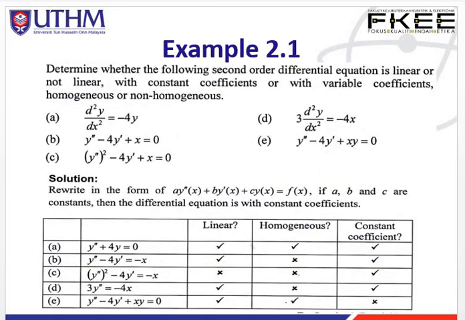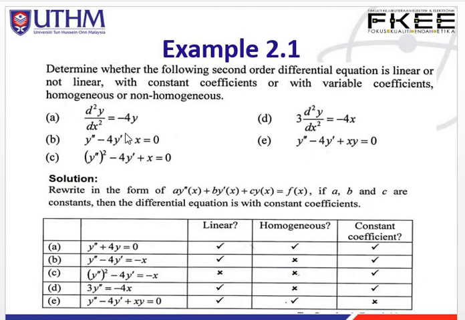Now let's look at example 2.1. Determine whether the following second order differential equation is linear or not linear, with constant coefficients or with variable coefficients, homogeneous or non-homogeneous. Part A: y double prime equals negative 4y.